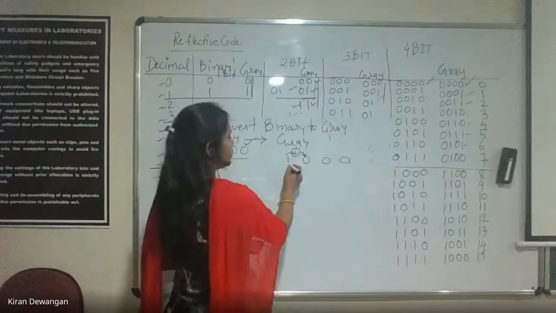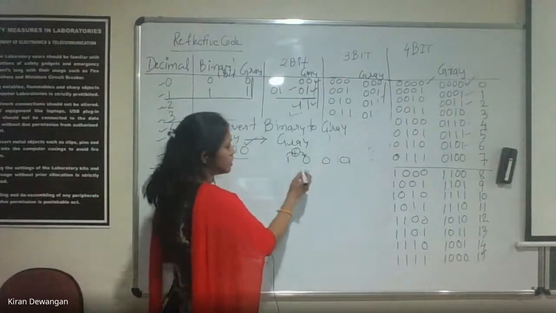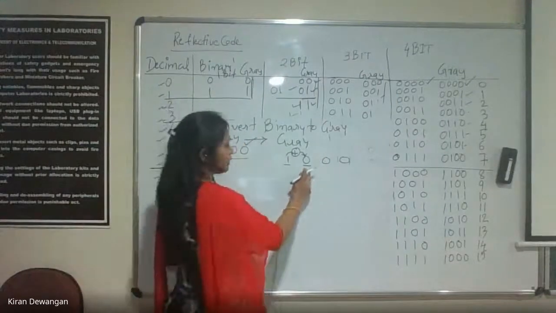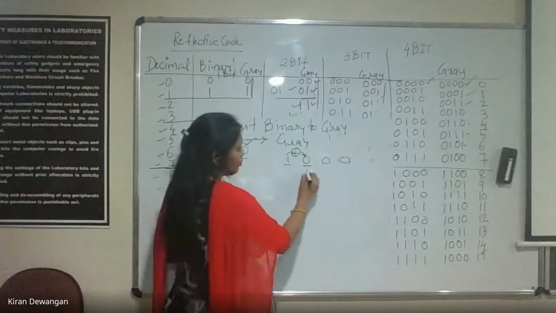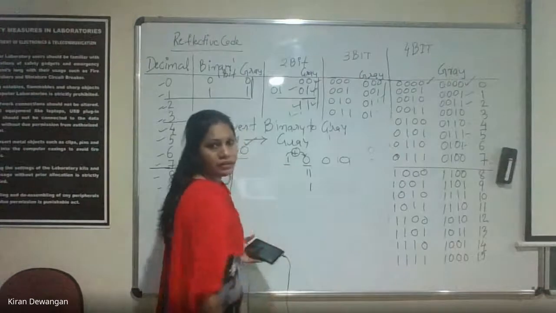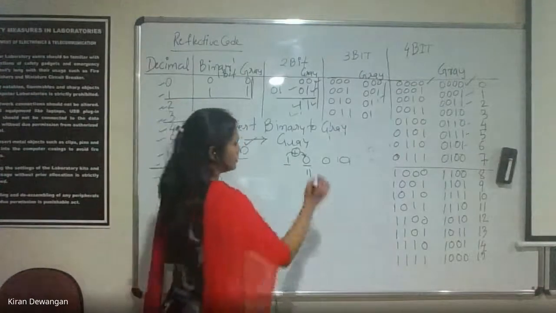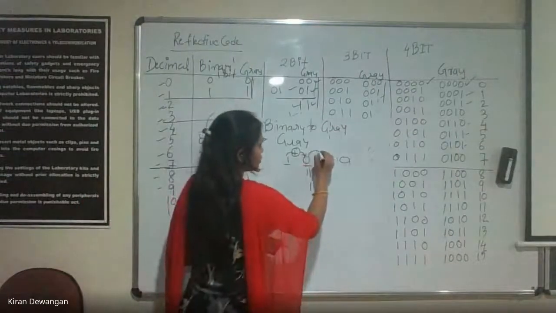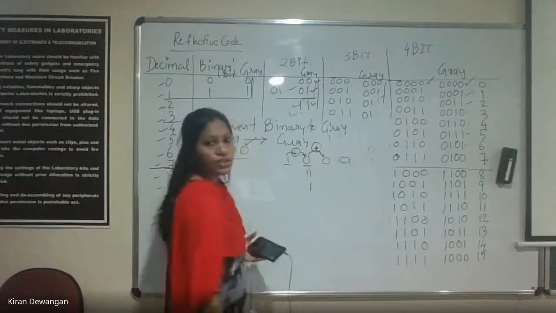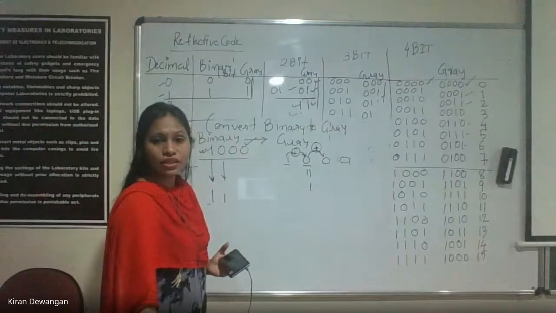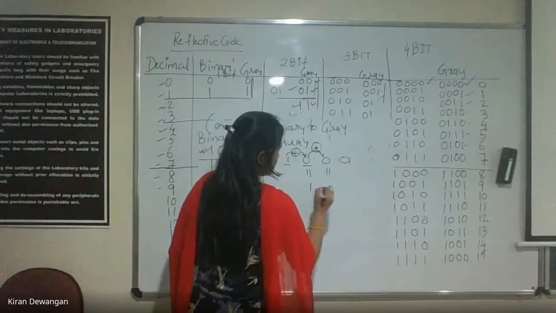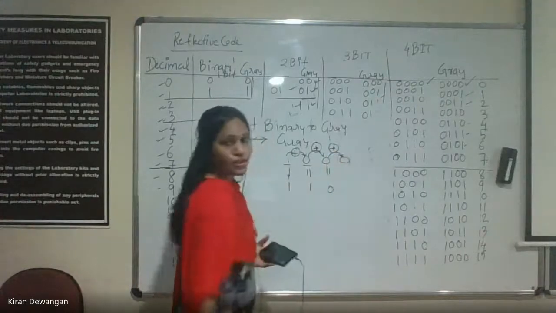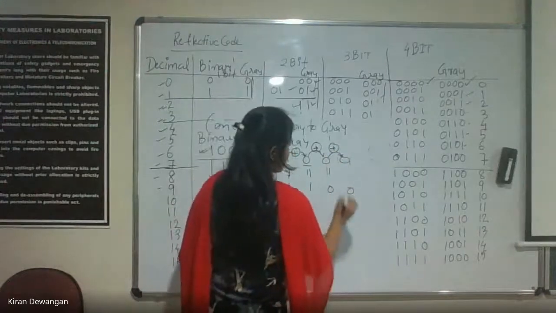Here we are XORing 1 with 0, that is, the most significant bit with the next bit. Clear? So 1 XOR 0 is 1. So the next bit will be 1. Then 0 XOR 0 is 0. Then again 0 XOR 0 is 0.